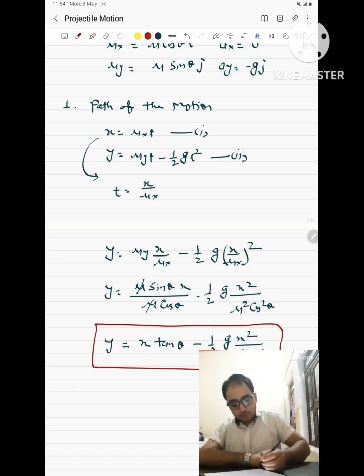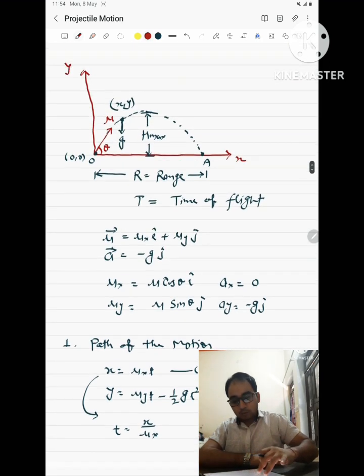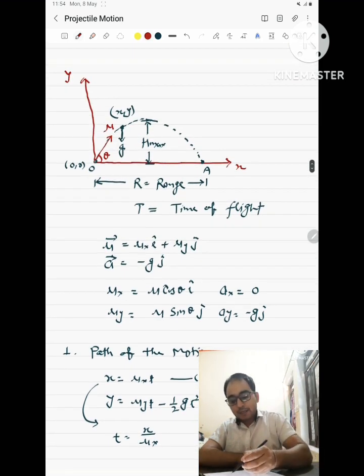Now we will calculate the total time, or time of flight. In this diagram we can see that the total displacement in y direction is 0, because at the initial point it is at 0, 0 at point O, and at the final point it is at point A. So the total displacement in y direction is 0.